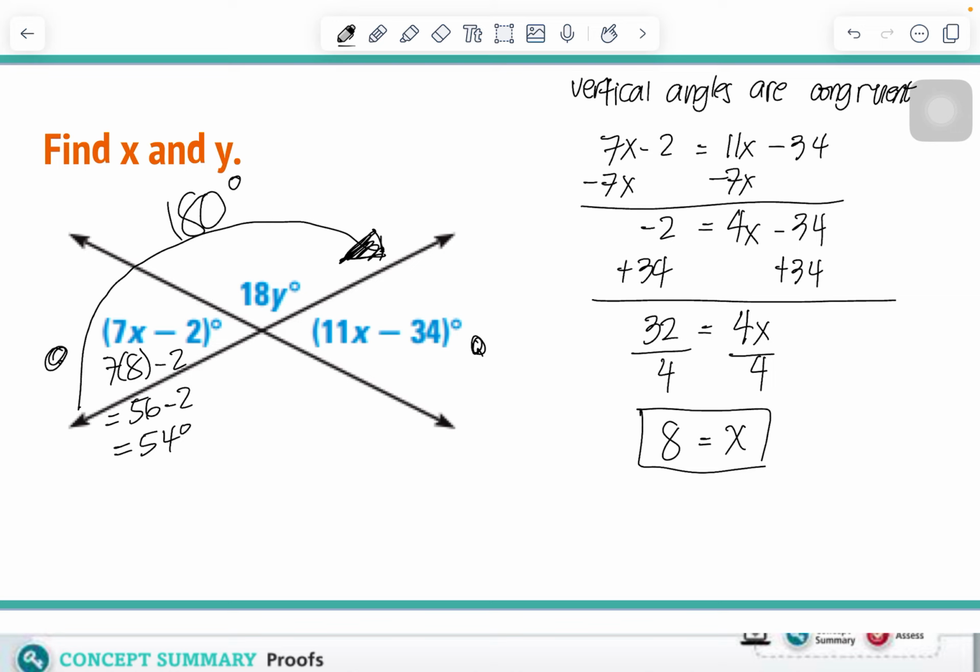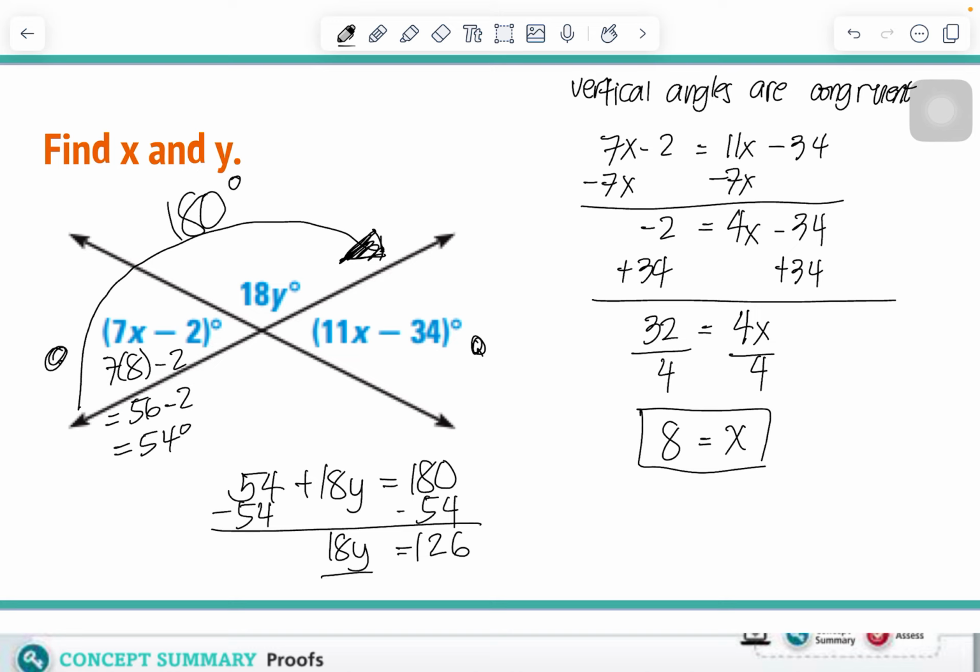So we have solved the value of that angle, which is 54, plus 18y, which is 180, right? So you subtract both sides by 54. That gives us 18y equals 126. And dividing both sides by 18, that will give you y is equal to 7.